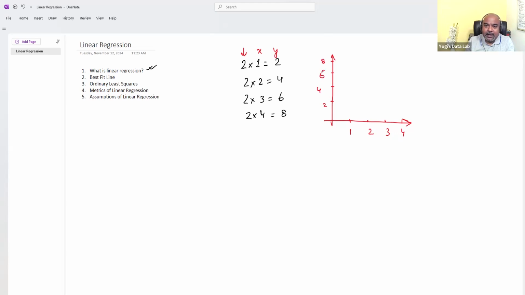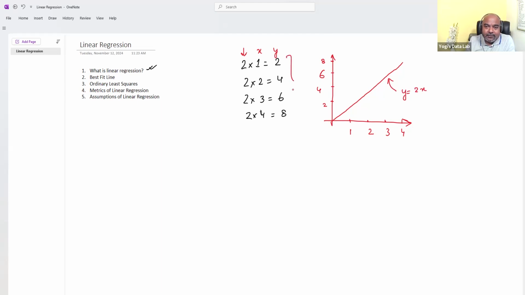So I'll get a straight line, something like this, which will pass through the origin, where it says that whenever my x is 1, my y is 2, x is 2, y is 4, x is 3, y is 6. What do we derive from this? It means that if I talk about the equation of this line, I can say y is equal to 2x.